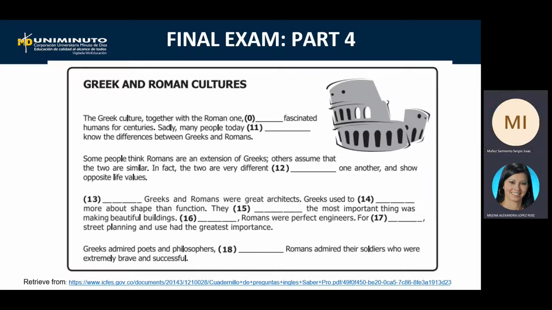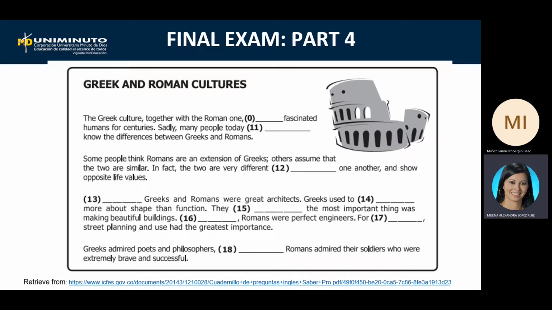Let me see another synonym of indeed. I don't want to just give the word in Spanish, so I'm thinking about a synonym. It's just to reinforce the idea. When we say it, we reinforce the idea. Yes, yes.